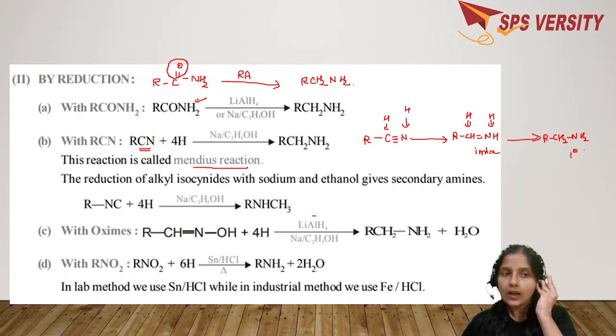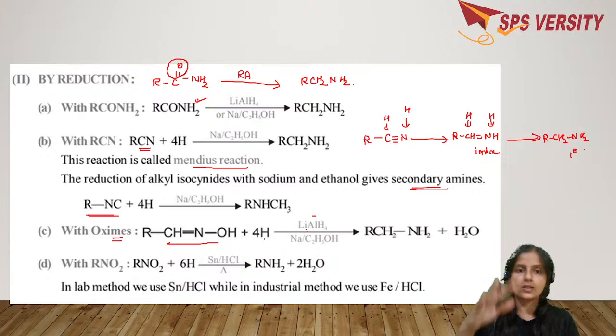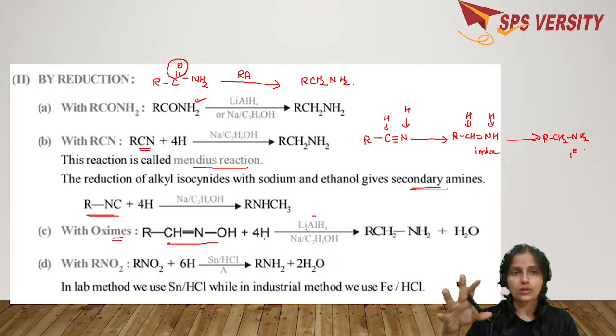The reduction of alkyl isocyanide. In the same way, if you take isocyanide, then you can get the secondary amine, where the addition takes place to the carbon and the nitrogen. And oximes are the compounds which contain CH double bond NOH. If you reduce it in the presence of lithium aluminum hydride, see, in most of the reactions of amines, you are going to use lithium aluminum hydride or sodium over ethanol.